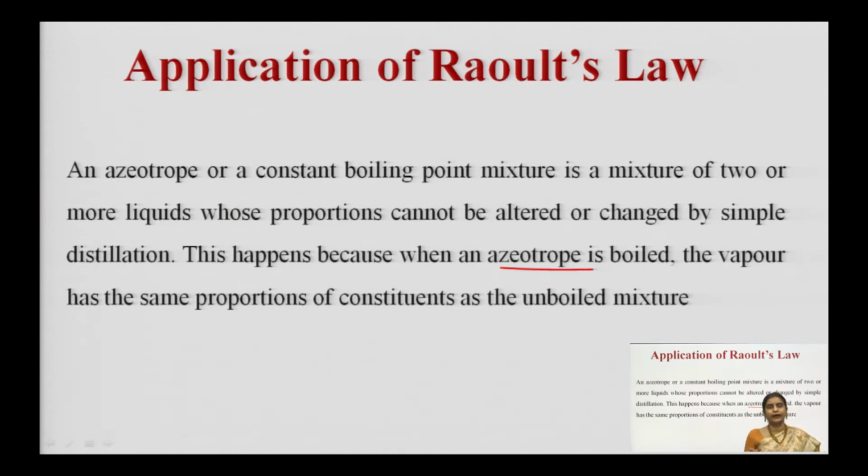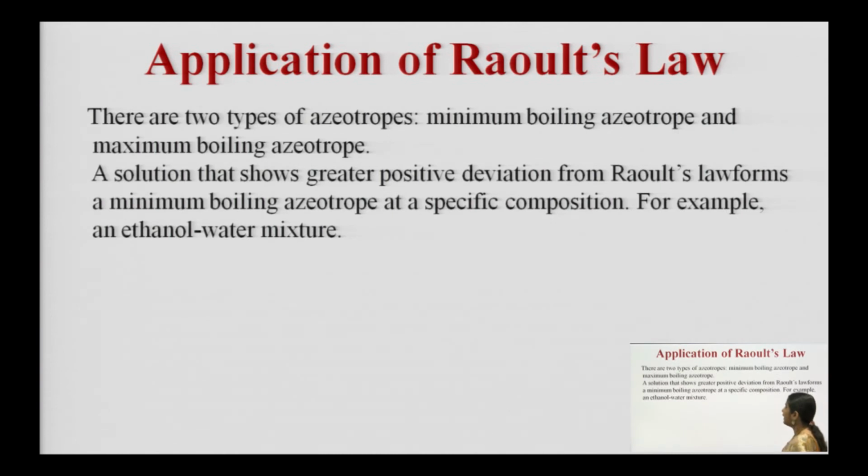That means however much temperature you provide, the vapor formed at that temperature will contain water as well as ethanol. So, you cannot remove ethanol completely from the alcohol by simple distillation. For these types, we have to go for azeotropic distillation.